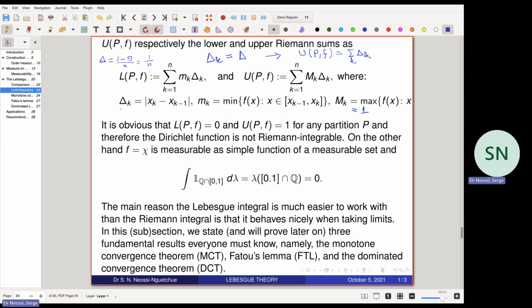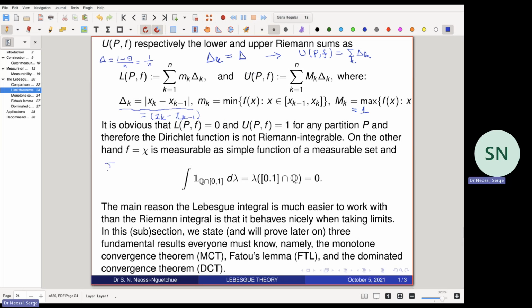Now, because the points of our partition are increasing, we assume that x_{k+1} is greater than x_k, and that should be the case, because if I partition from 0 to 1, the points of the partition are increasing, meaning that this delta k is actually x_k minus x_{k-1}. Now, if we sum all the delta k, what do we have?